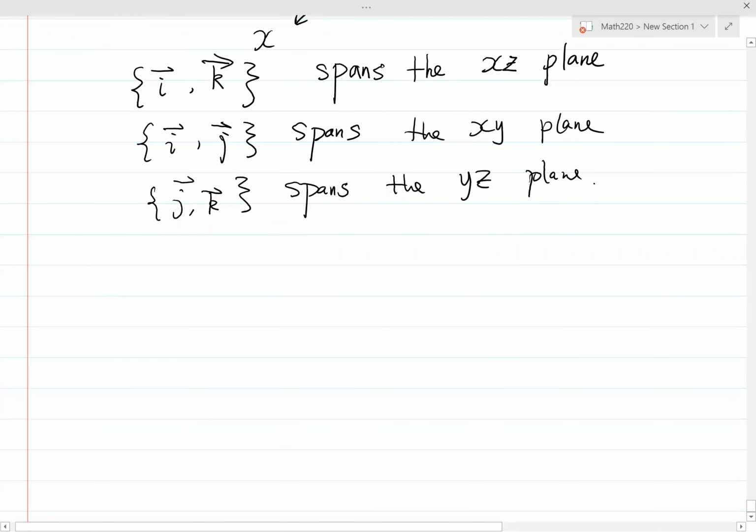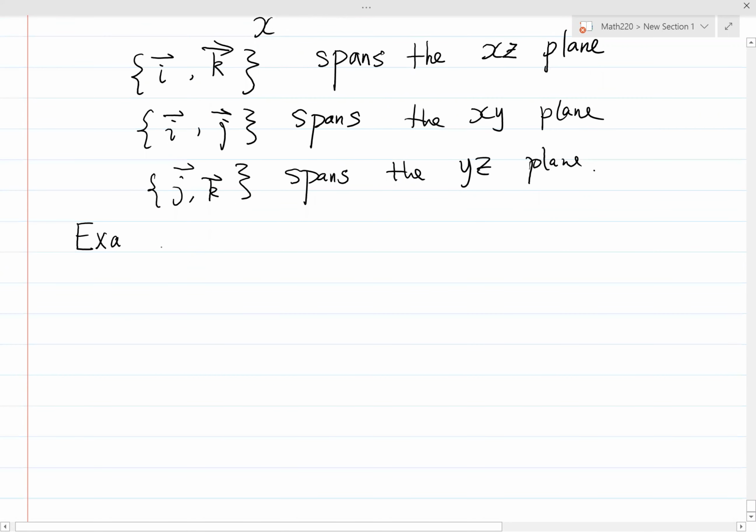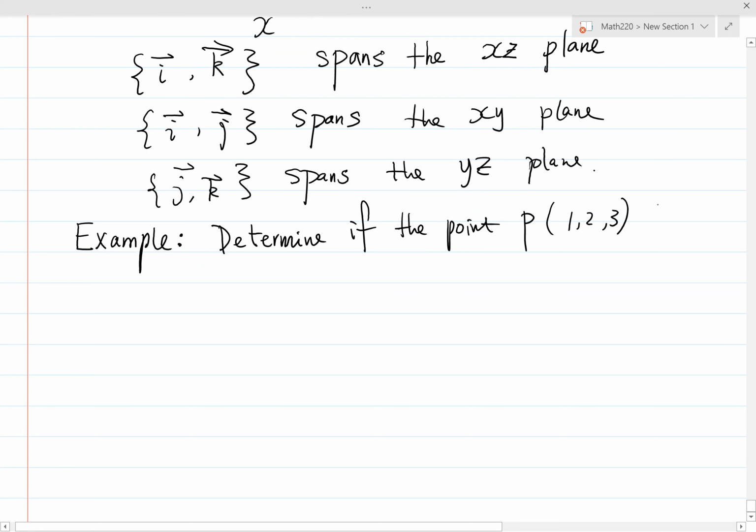Okay, example. Determine if the point P, 1, 2, 3, is on the plane. To define the plane, we will span a plane by two vectors.